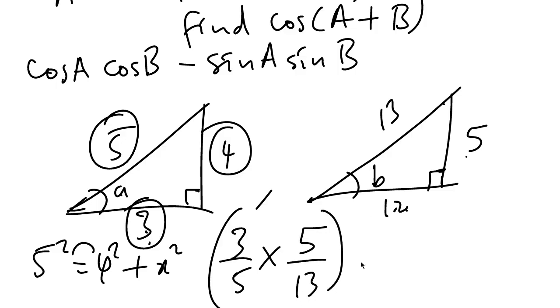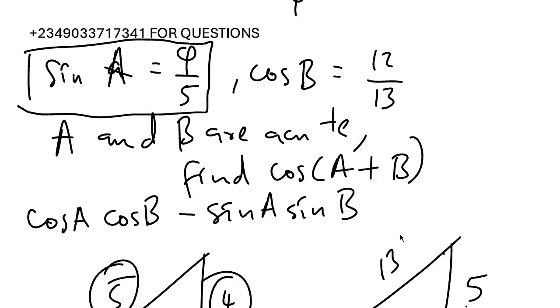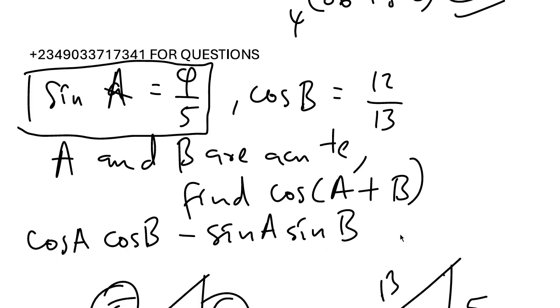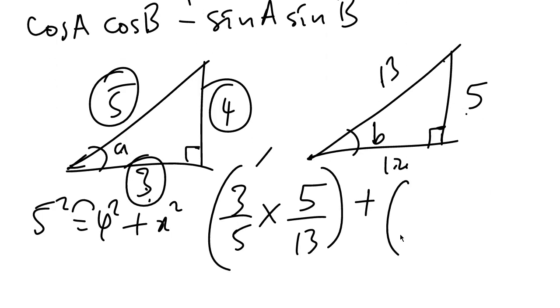Are you following? What is cos B? Cos B is 12 over 13, right? Because this is adjacent, and this is the hypotenuse.